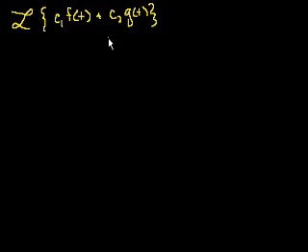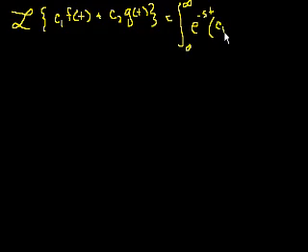Well, by the definition of the Laplace transform, this would be equal to the improper integral from 0 to infinity of e to the minus st times whatever our function is that we're taking the Laplace transform of, so times c1 f of t plus c2 g of t. I think you know where this is going. All of that dt.